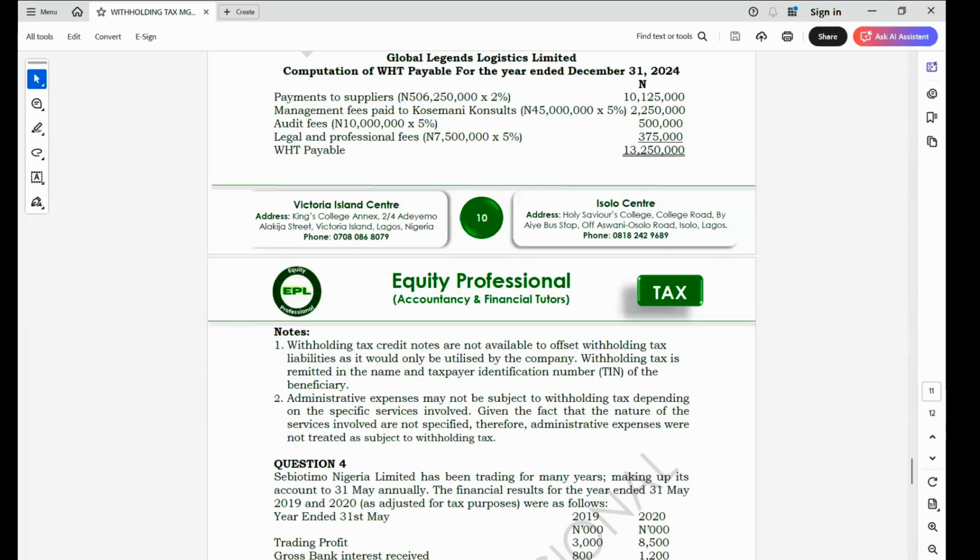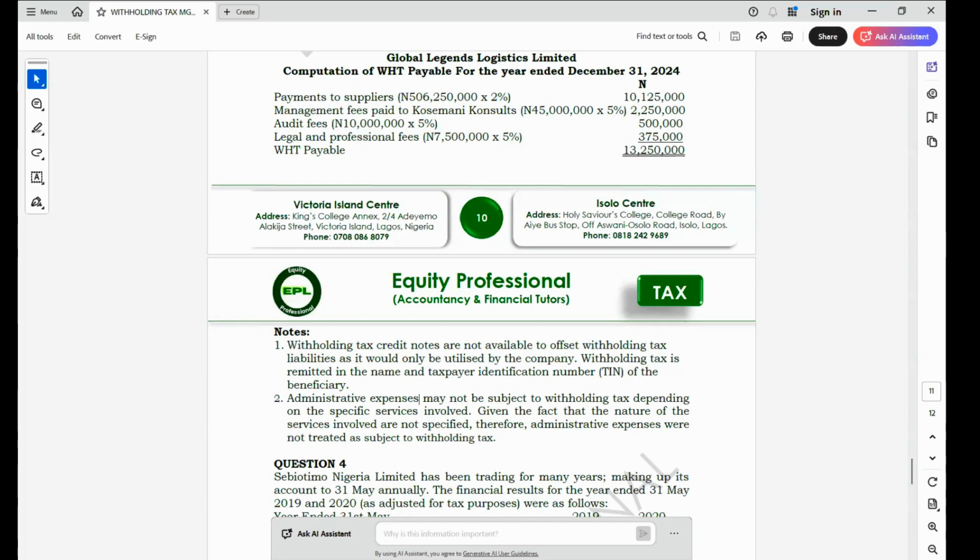For like this transaction we have, for each of the tax authorities, you are going to do a schedule that will go to each of them. It is that schedule you are going to present to the tax authority through the bank. You present it to the bank with the appropriate payment, and they are now going to give you the withholding tax credit note. So there is no treatment.